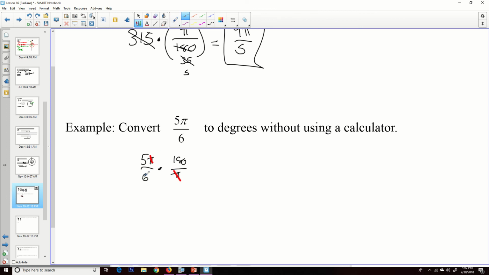And 6 is a factor of both 6 and 180. So if I divide 6 by 6, I get 1, and 6 goes into 180 thirty times. 30 times 5 is going to be 150 degrees, and that's the correct answer for that one.